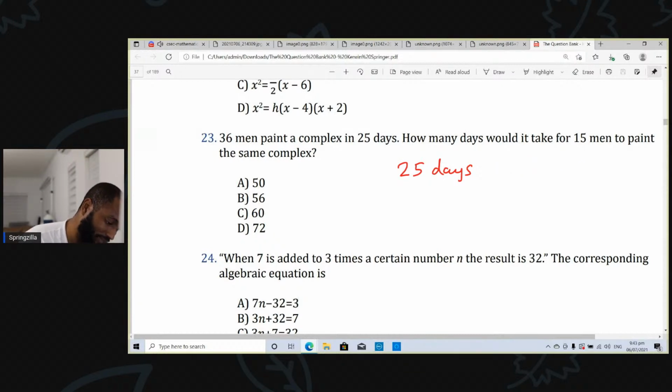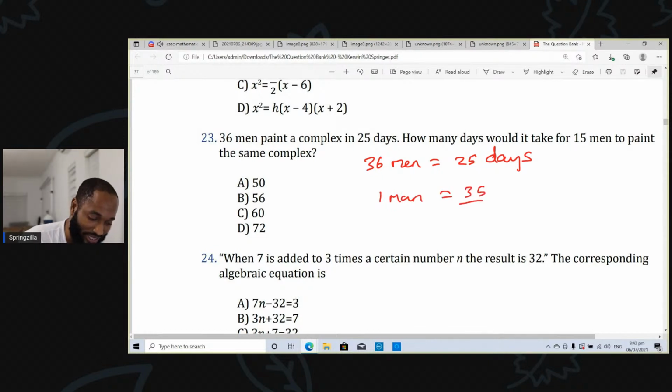I'll take really long with this. 15 men equal 25 days. So 1 man is 25 over 15? And therefore 36 men take 25 days. I'm really badly off right now. 36 men equal 25 days. See, 1 man would be 25 over 36.